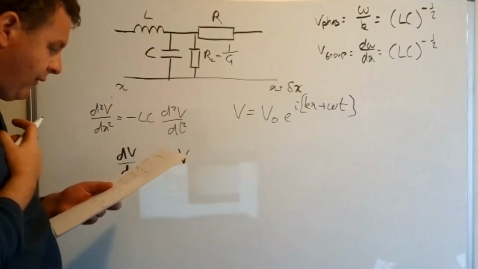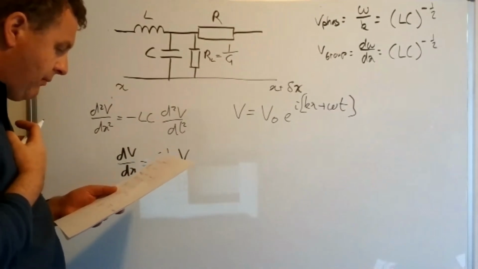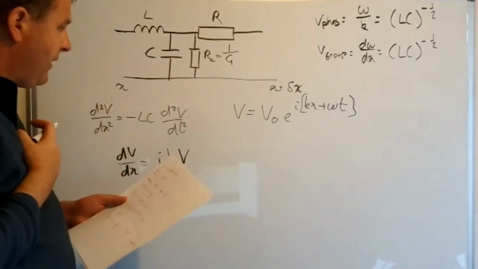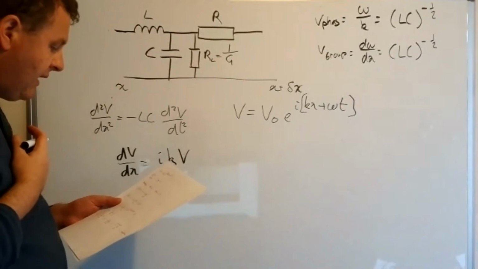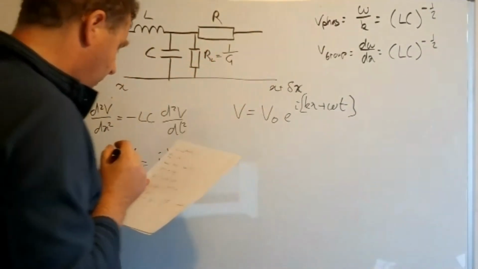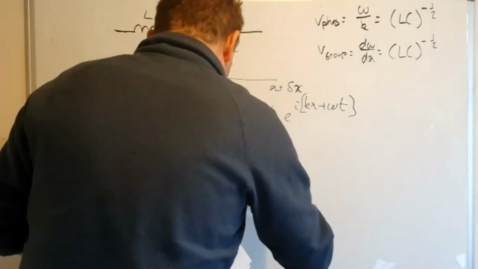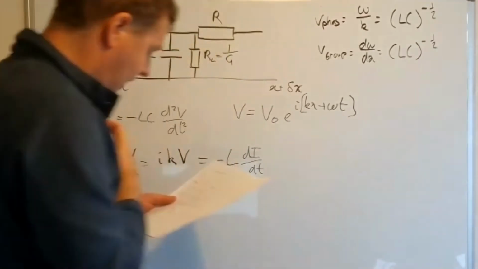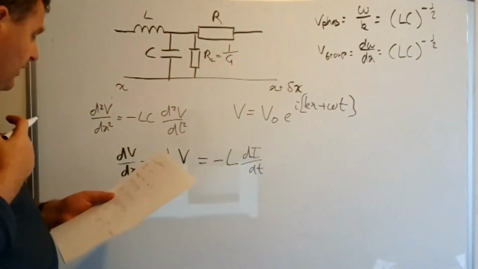And if we keep the resistance equals 0 from the equation we derived earlier, then we know that that is simply minus L di/dt. So now we can go and integrate things.